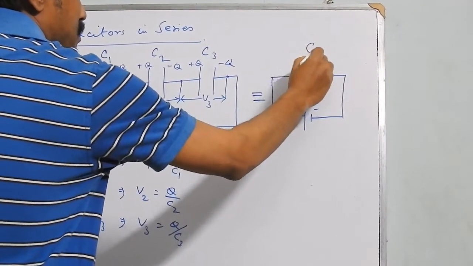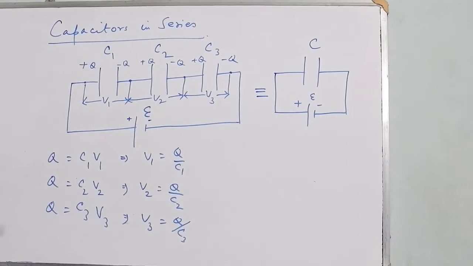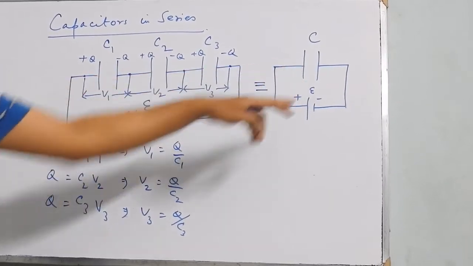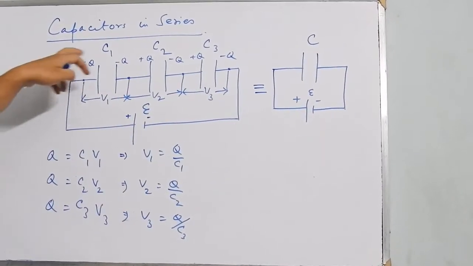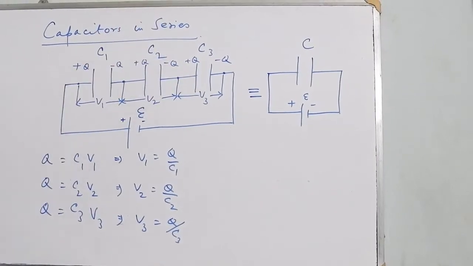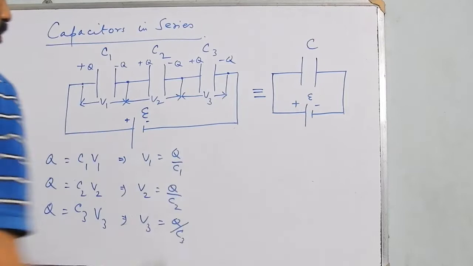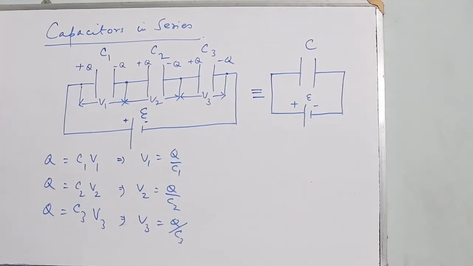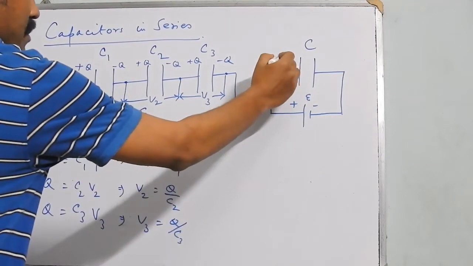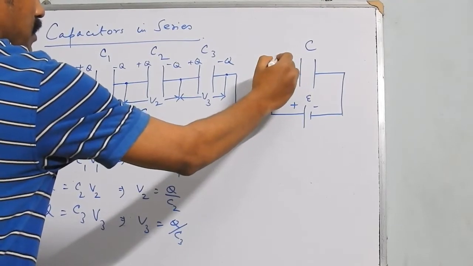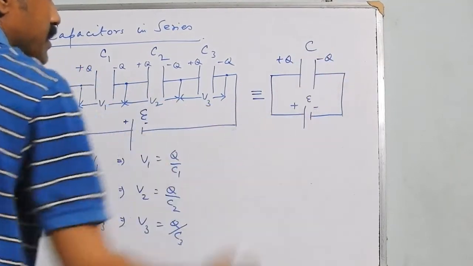Let the capacitance be C. So this C will be called the equivalent capacitance of the combination of these three. So therefore, with respect to the same battery, it will deliver the same amount of charge, plus Q on one plate and minus Q on the other plate.